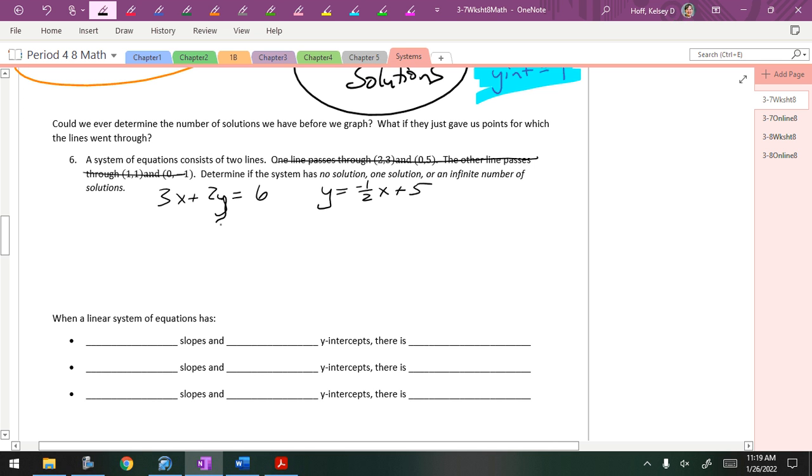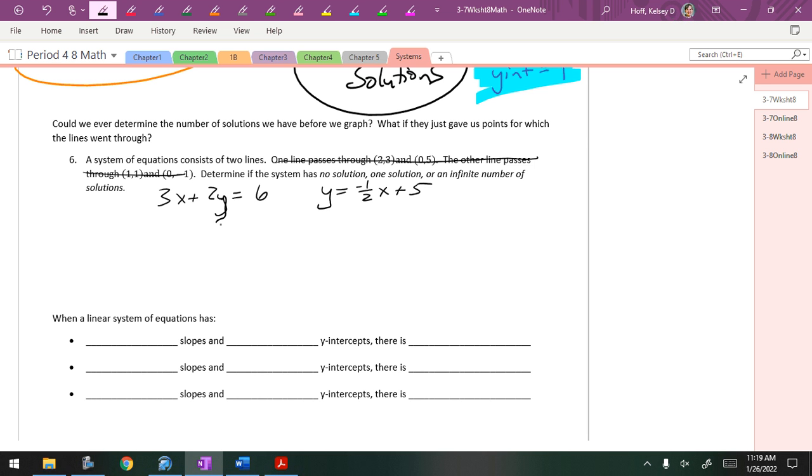I give you these two equations, and all I want to know is there no solution, one solution, or infinite solutions?